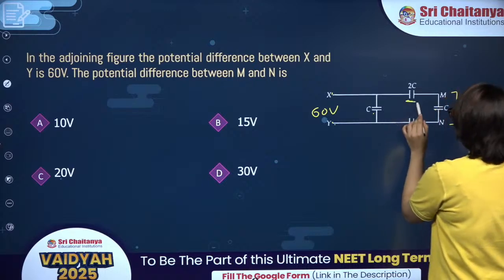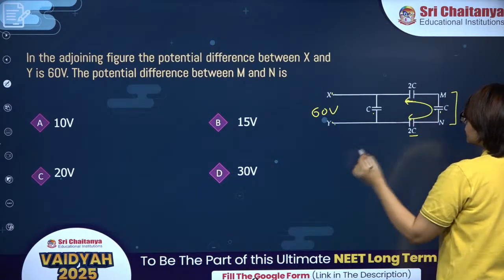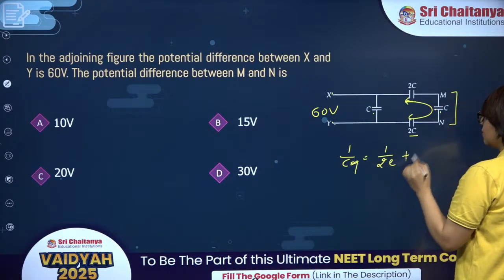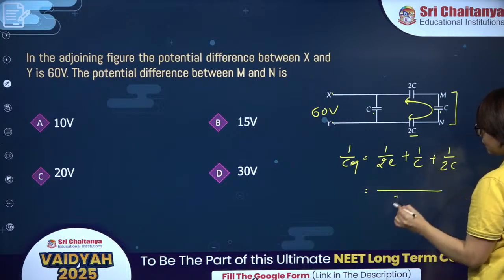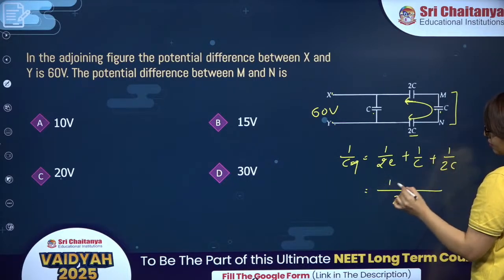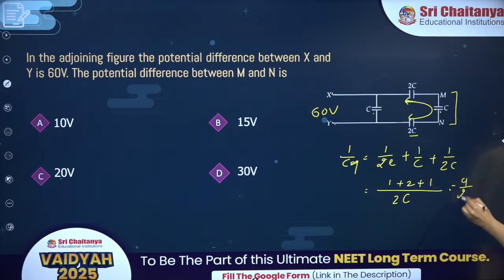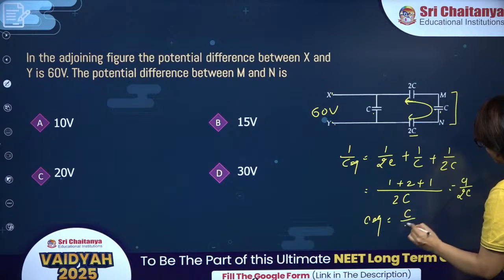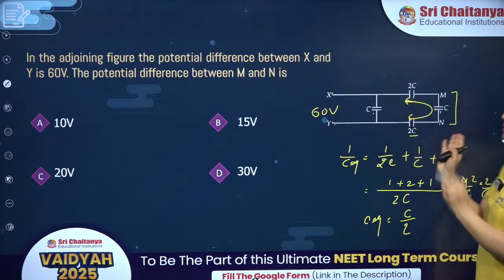So this 2C, C and 2C are in series. So the equivalent of these 3 is 1 upon C equivalent as 1 upon 2C plus 1 upon C plus 1 upon 2C. So it will be 1 plus 2 plus 1 over 2C, so it is 4 upon 2C, and the C equivalent will be C upon 2. So C upon 2 is the equivalent of these 3 capacitors in series.